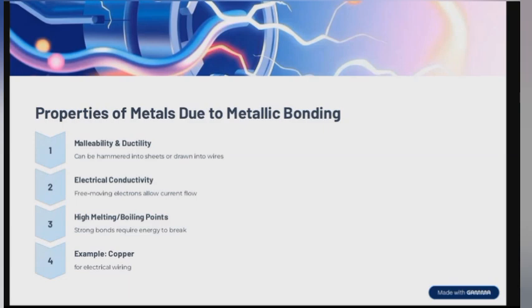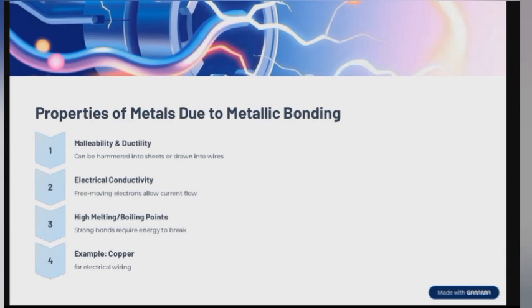So now, high boiling and high melting point. This same sea of electrons model is responsible for why metals have high boiling and melting points, because the strength with which the sea of electrons holds the metal atoms together is very strong. To break the metal apart, you need to first clear the way for the electrons to stay away, so that the atoms can start going off from themselves.